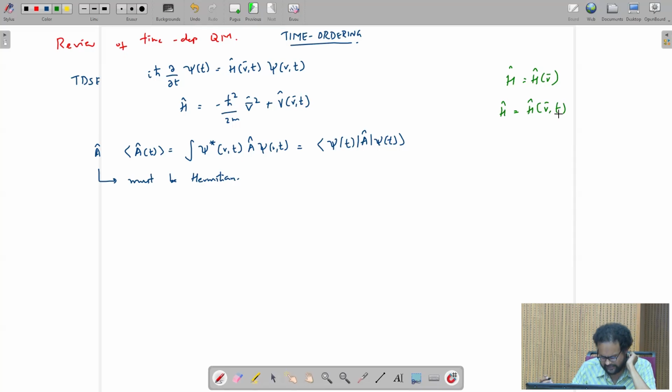And for that, let's say my time independent Schrodinger equation has solutions of the form, then the solution for the corresponding time dependent equation can be written as follows.